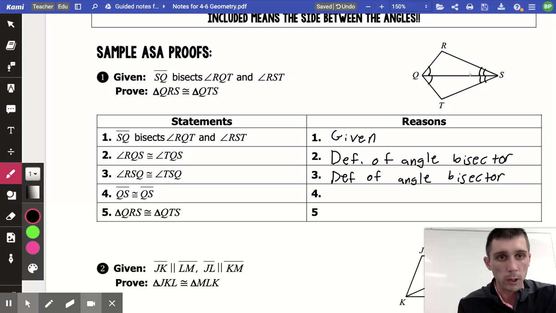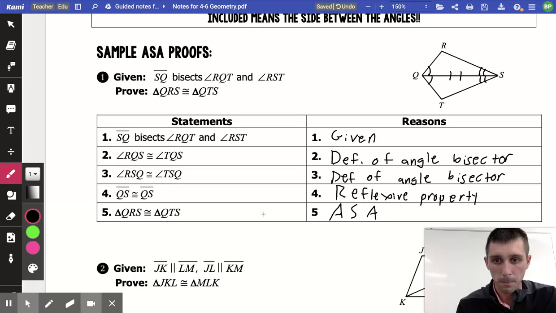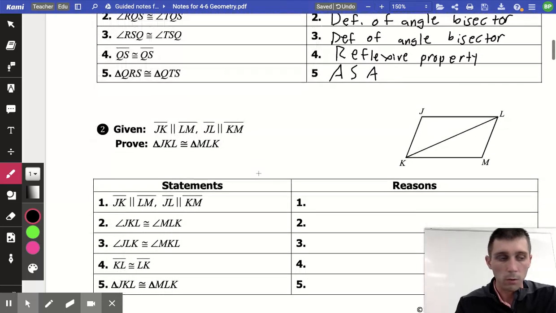Now, how do we know that QS is congruent to QS? What was that reasoning? One of the three reasons sides are congruent: reflexive property. So now, what is our reasoning? On this line right here, angle, side, angle. Angle, side, angle. A, S, A.